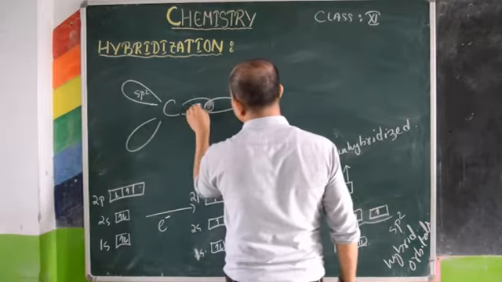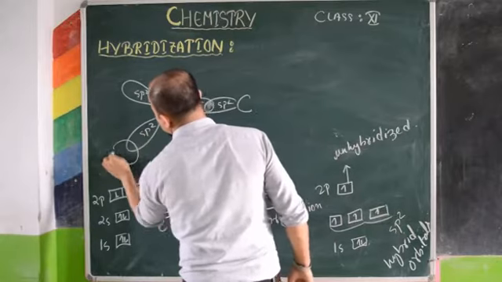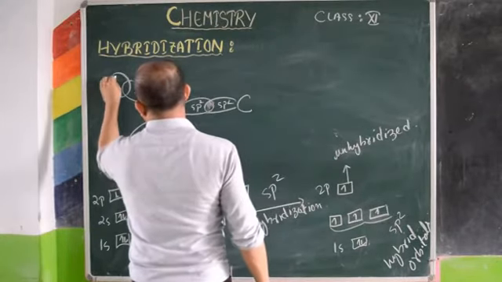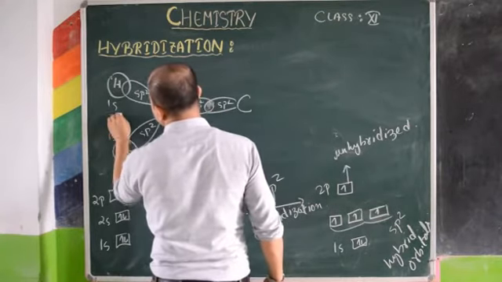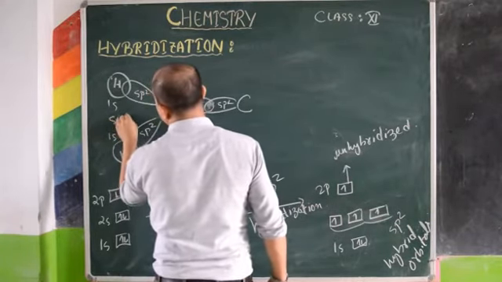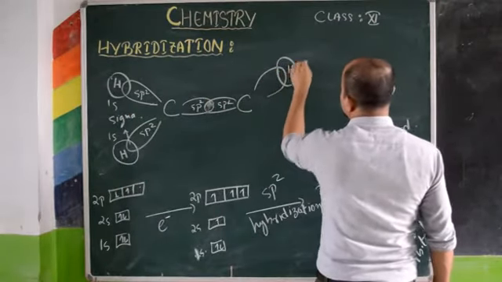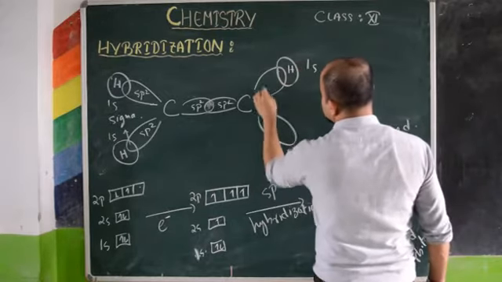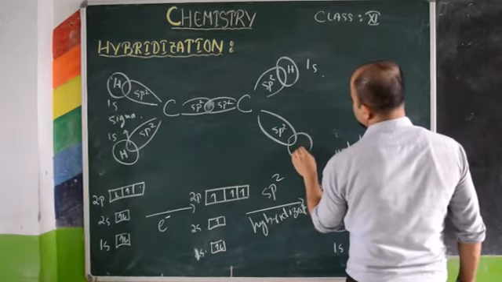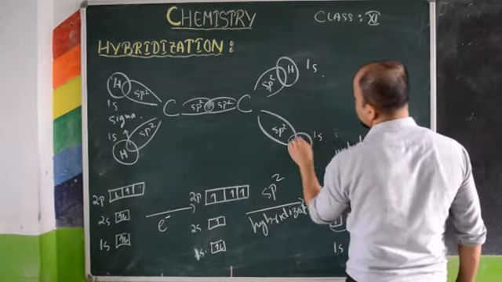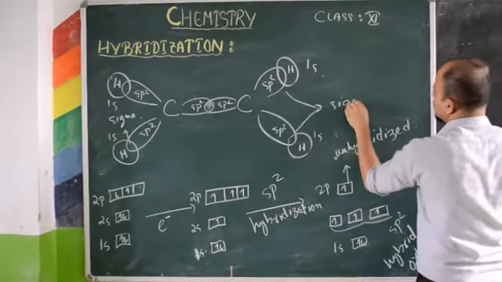This is sp2, this is also sp2, this is also sp2. Now it is bonded with the 1s orbital of hydrogen, and these are all what? Sigma bonds. Similarly, this carbon is also having a sigma bond with the 1s orbital of hydrogen. This is sp2 hybridized, this is also sp2 hybridized. Now this is hydrogen, and this is 1s, and these are all forming sigma bonds.